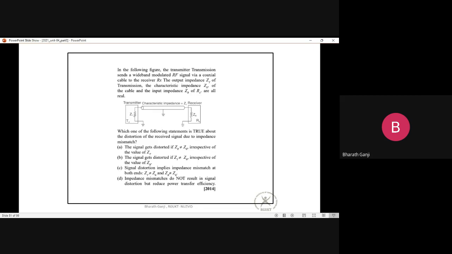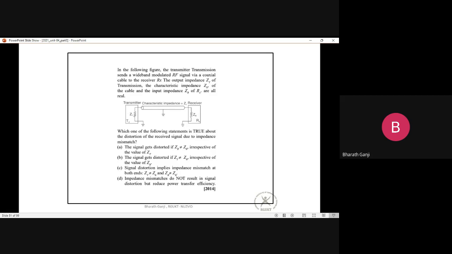Which one of the following statements is true about the distortion of the received signal due to the impedance mismatch? The signal gets distorted if ZR is not equal to Z0, irrespective of the value of ZT. The signal gets distorted if ZT is not equal to Z0, irrespective of the value of ZR.